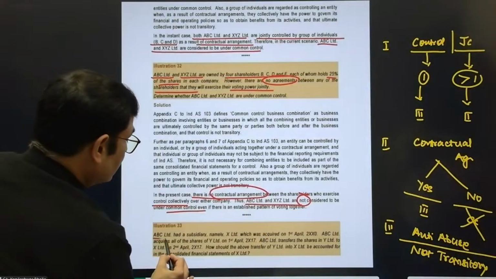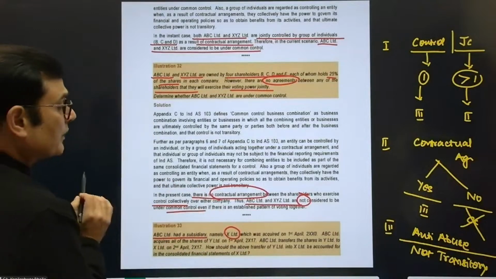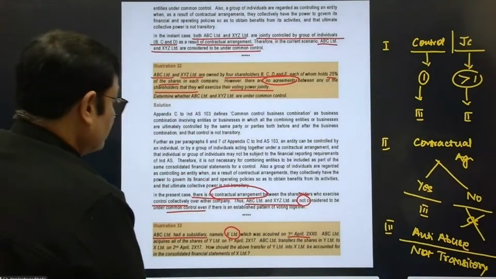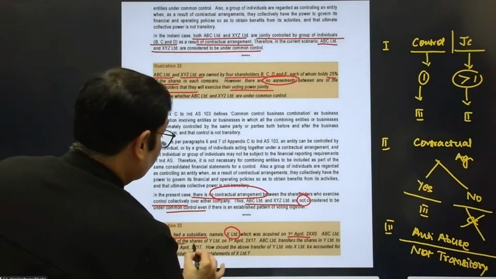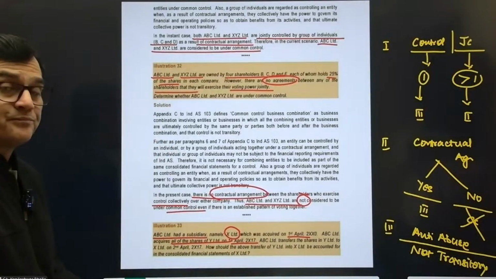It says ABC had a subsidiary X Limited, which was acquired on 1st April XX0. ABC acquires all the shares of Y on 1st April 2X17.